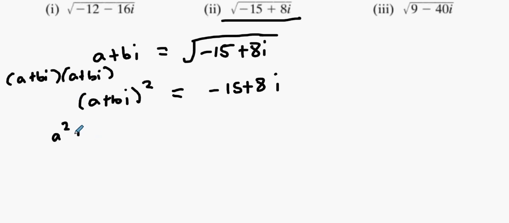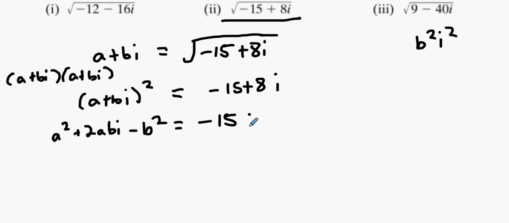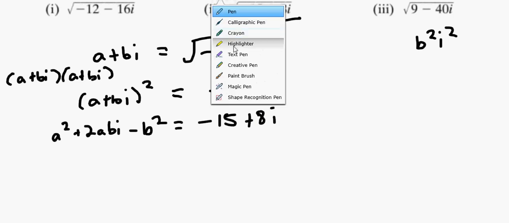Plus 2abi. b squared i squared, which is minus b squared, equals minus 15 plus 8i.